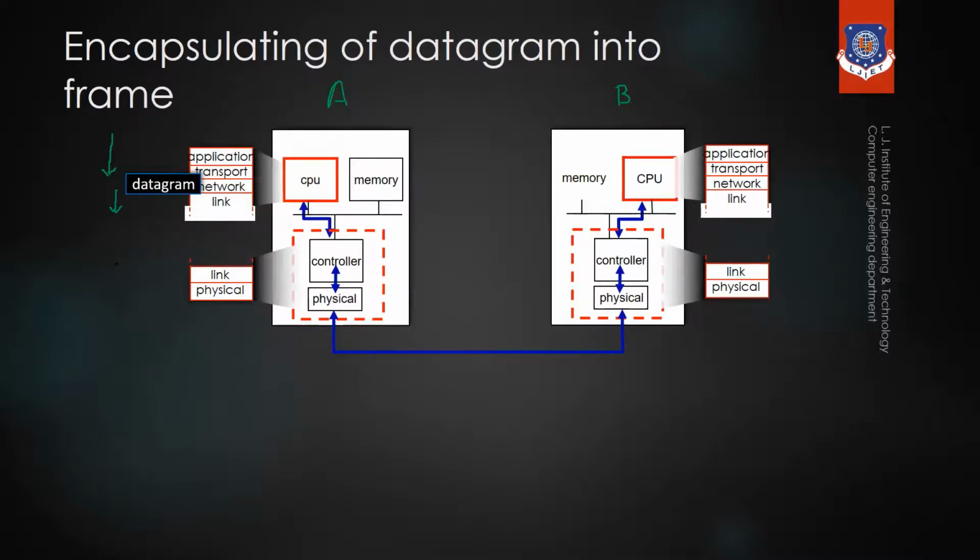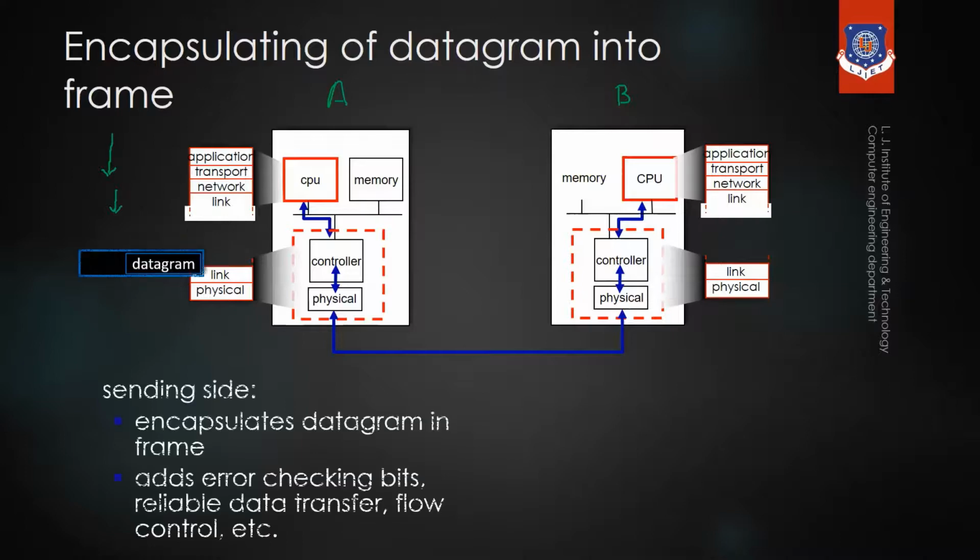When the datagram is encapsulated in the frame, some header will be added at the data link layer. At the data link layer, we are also adding extra information so that the receiver can know whether the received frame has any error or not.